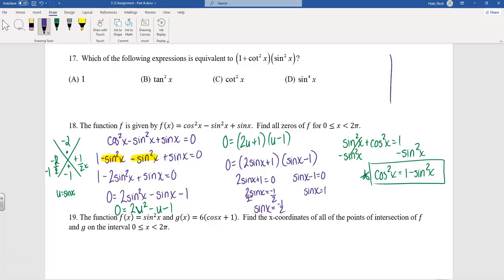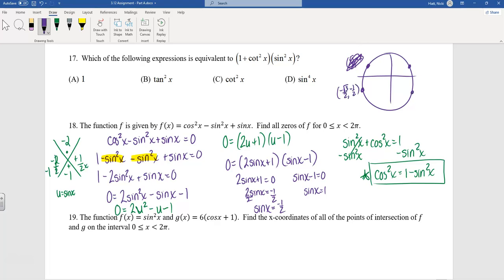And then I've got to think about the unit circle. So sine is your y-coordinate. Sine is going to equal negative 1/2 here. Square root of 3 over 2, negative 1/2. No, sine's the y-coordinate. That's the wrong spot. Right here, this is going to be negative root 3 over 2, negative 1/2.